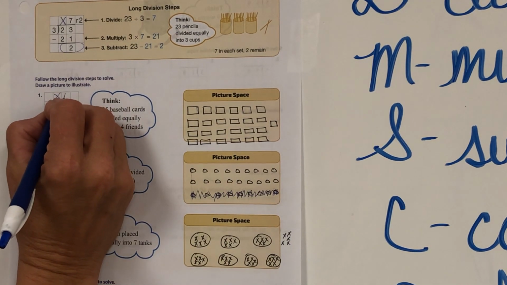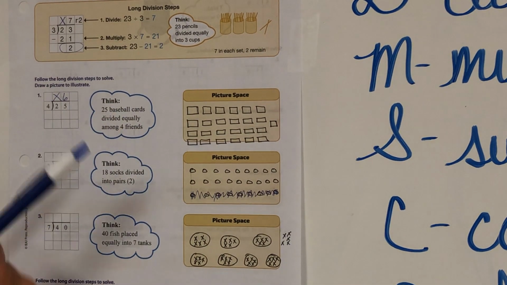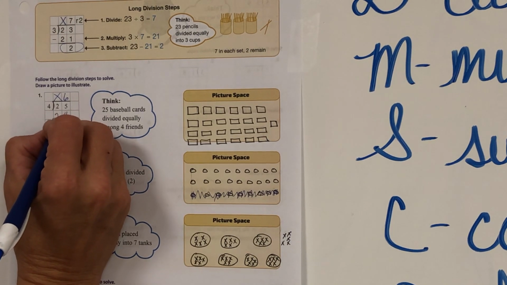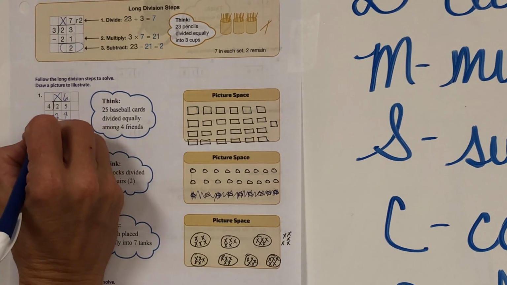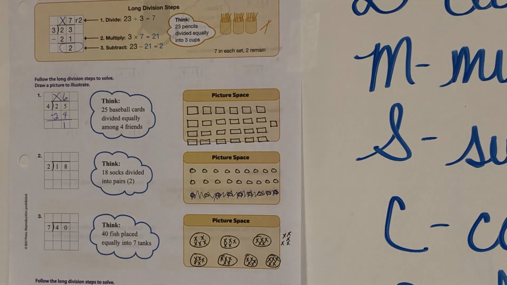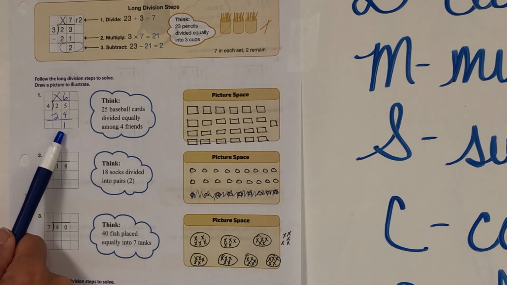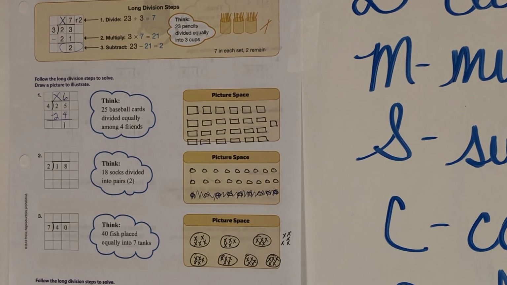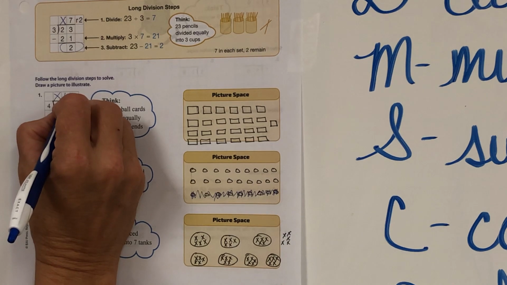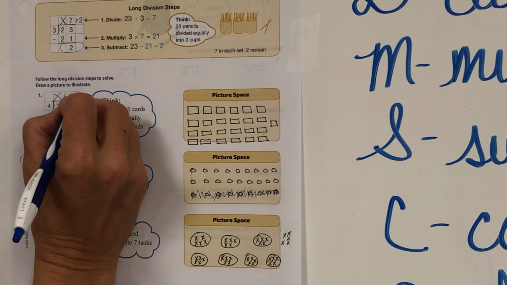It will go 6 times without going over. You multiply. 6 times 4 is 24. Then you subtract, and you have 1. You compare. 1 is less than 4. There is nothing to bring down, so 1 is your remainder. So you put R1.